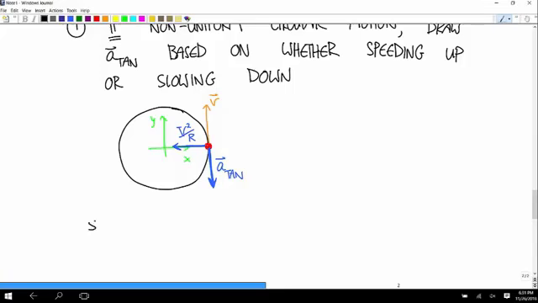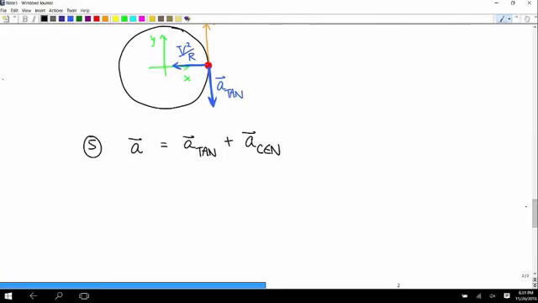And then step 5, the total acceleration is the tangential plus the centripetal. And now the last thing that you have to do in most problems is 6, draw a free body diagram.